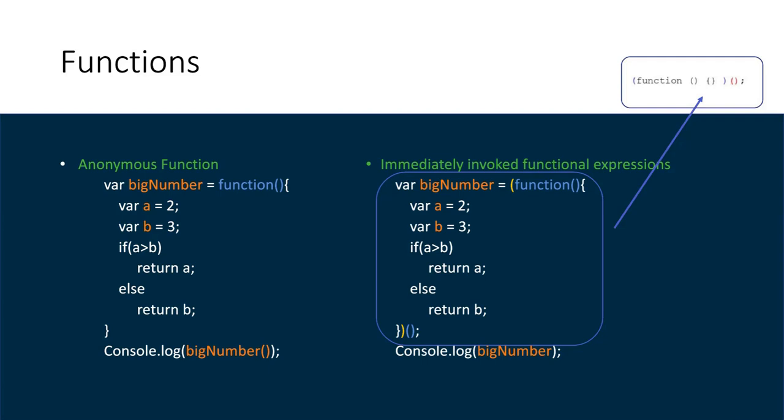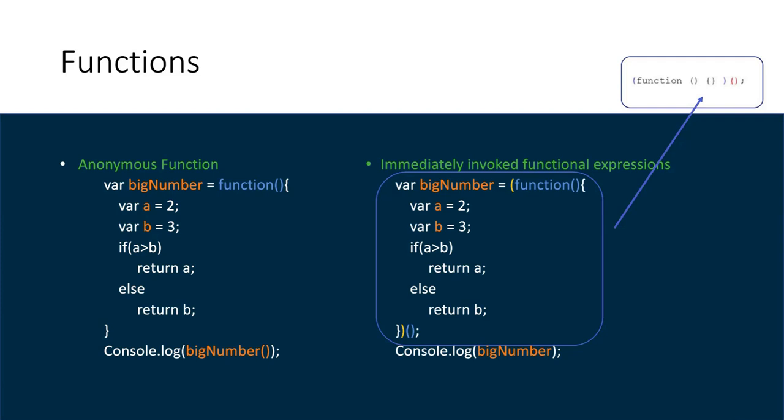On the right hand side we have an immediately invoked function expression. In a similar way, we have defined var big number equals to function within parentheses, then curly brackets. The only difference is that now this whole thing is inside a parenthesis and at the end we have a couple more parentheses.